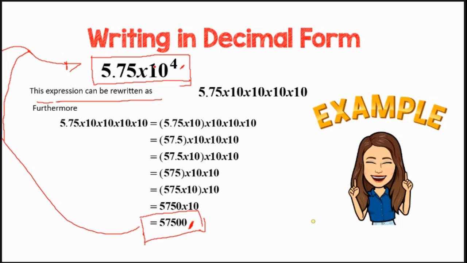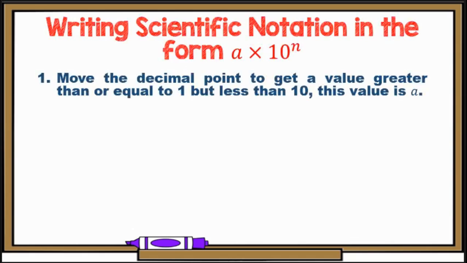So how do we do that? These are the steps that we are going to follow. Writing scientific notation in the form a times 10 raised to n. You have to move the decimal point to get a value greater than or equal to 1, but less than 10. This value is a.